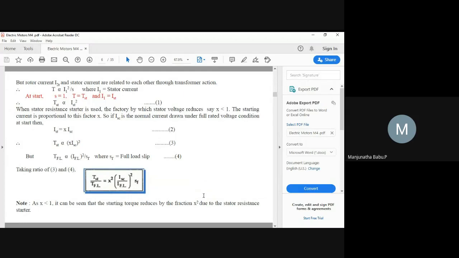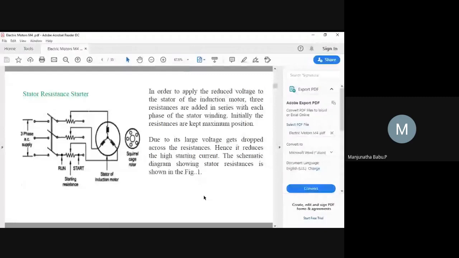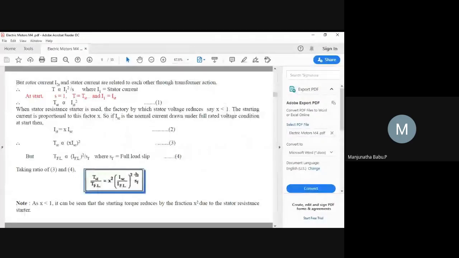This method is not much used, but still we have to remember the equation for starting torque to full load torque. So please note down this equation, which will be more helpful for solving the numericals. Have you noted it down?